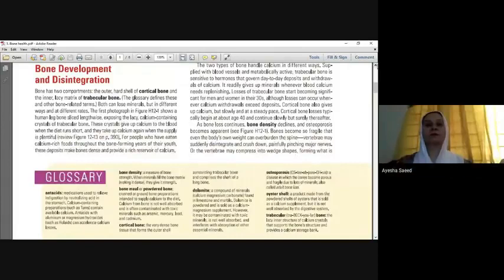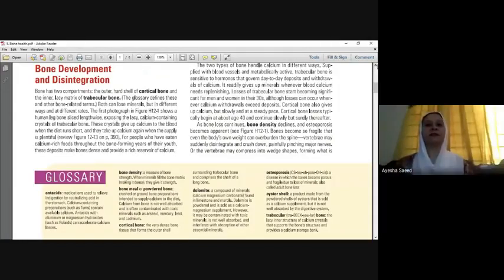These crystals give up calcium to the blood when the diet runs short, and they take up calcium again when the supply is plentiful. So, in case of deficiency, calcium is withdrawn from the bones, and in case of plenty in the diet, calcium is deposited.